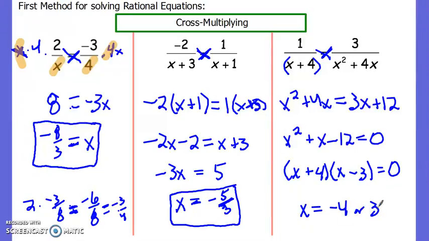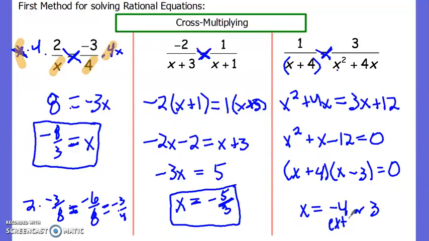Again, remember to take your numbers and plug them back in, mostly because if I take a good look at it, if I plug 3 in, the left side becomes 1/7. And the right side, well, 3 squared is 9, plus 12 is 21. 3 over 21 is 1/7. So that would work. But negative 4, as soon as I plug it into that left side, is now 1 over negative 4 plus 4. That will become 1 over 0, which makes this an extraneous solution.